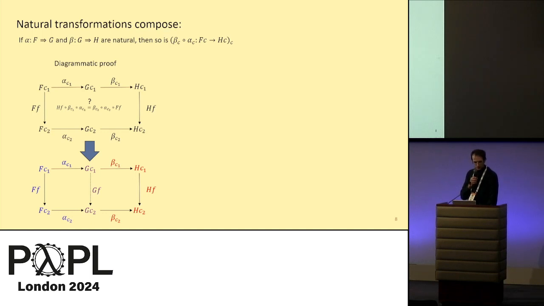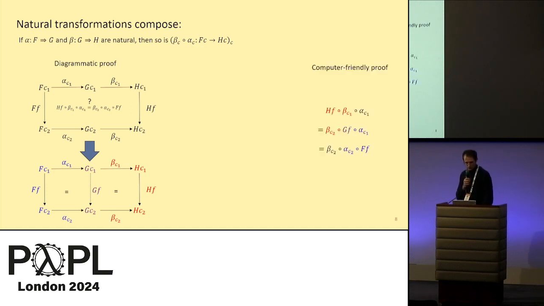The diagrammatic proof would consist in splitting this diagram in two sub-diagrams, introducing this intermediate morphism, G of f. Then we know that both sub-diagrams commute, so this gives a proof of the commutation of the outer diagram. This can be turned into a computer-friendly proof just by applying rewriting rules.